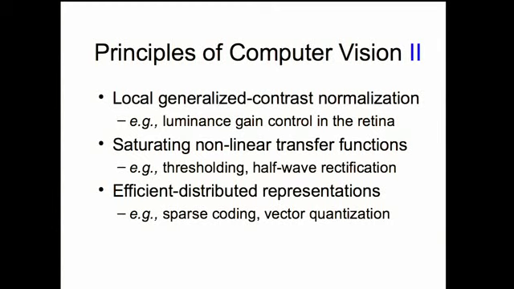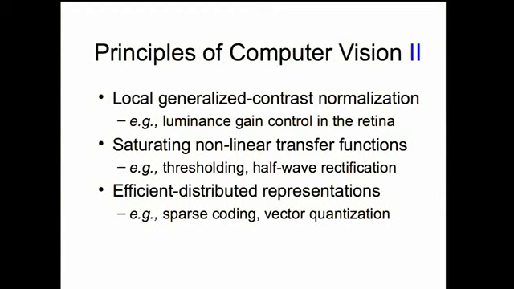And so what people did was they applied some form of a nonlinear transfer function to the outputs of the filters, and typically that was something that saturated the input and then cut off the DC components. So thresholding and half-wave rectification are typical examples of that.